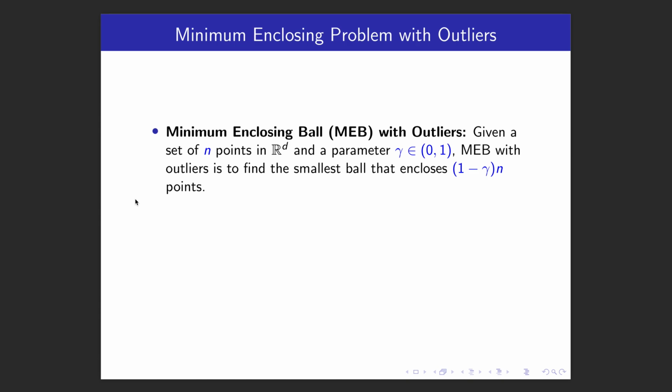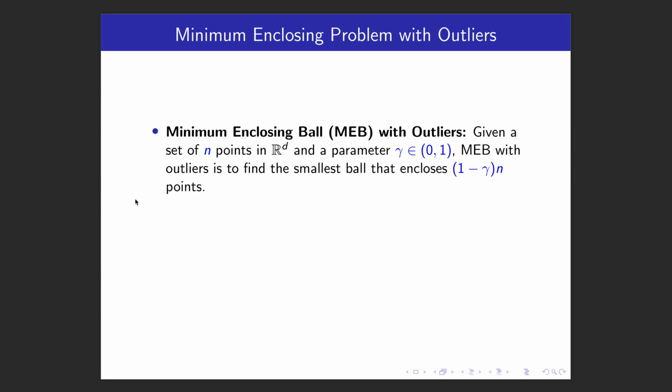First, we consider the simple example, minimum enclosing ball with outliers. Here's the formal definition. Suppose we are given a set of n points in d-dimensional space. The dimensionality d could be very high, and also a parameter gamma between 0 and 1. We want to find the smallest ball to cover (1 minus gamma) times n points. So that means we allow gamma n outliers.